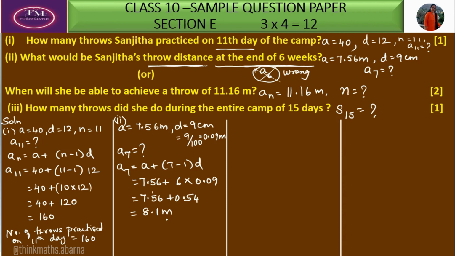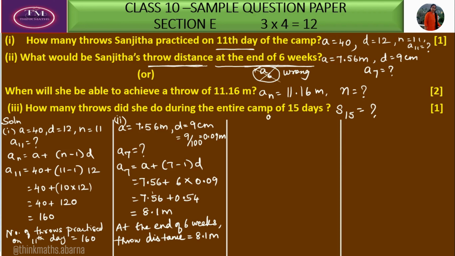So it is A7 equal to 8.1 meter. That means Sanjita's throw distance at the end of 6 weeks is 8.1 meter. So this is the solution.